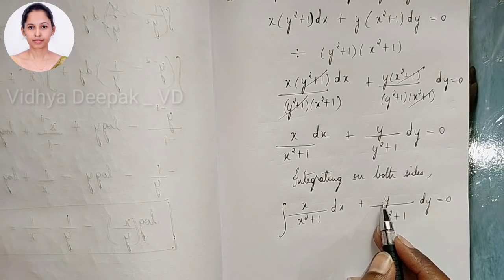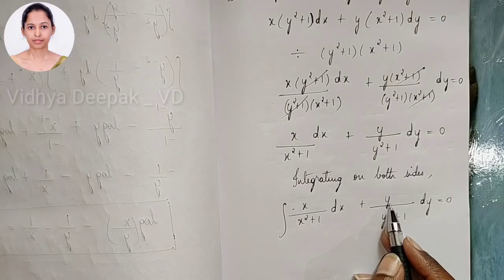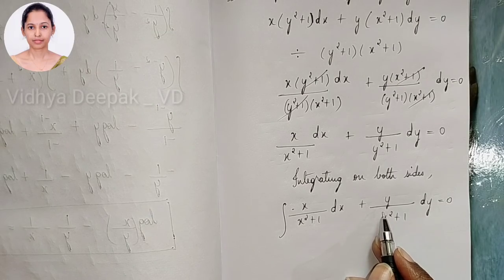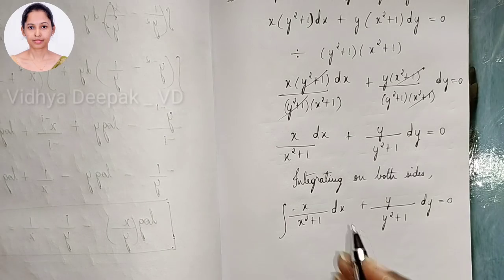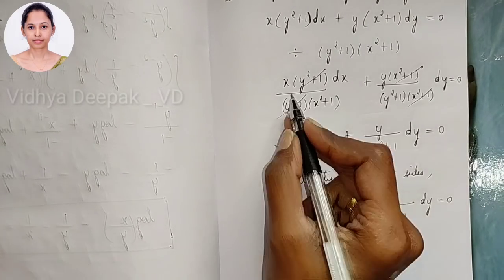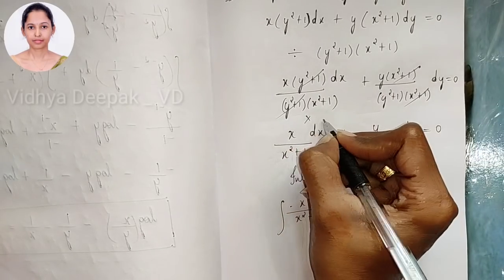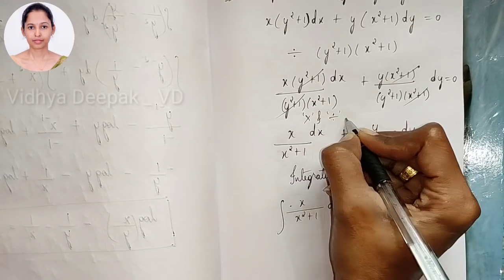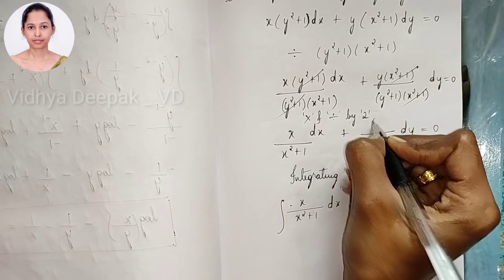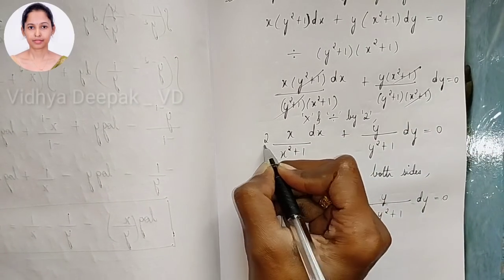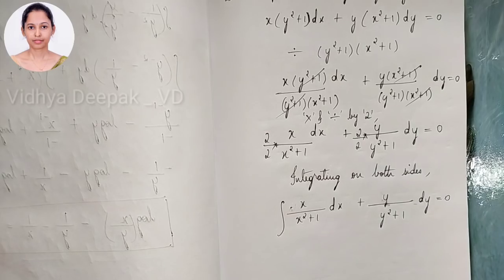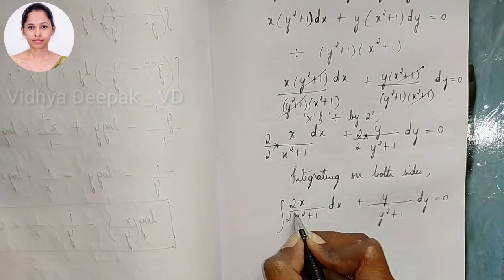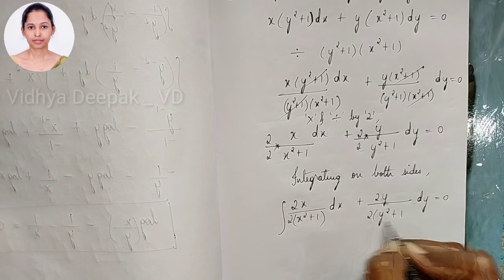So if we would have had 2x in the numerator and 2y in the numerator, we could have used the formula integral of f dash of x divided by f of x is equal to what? Log of f of x, right? So in order to make it that way, we can do one thing. For this given equation, if I multiply and divide by 2, I get 2x, multiply and divide by 2, so I would have had 2x and 2y.